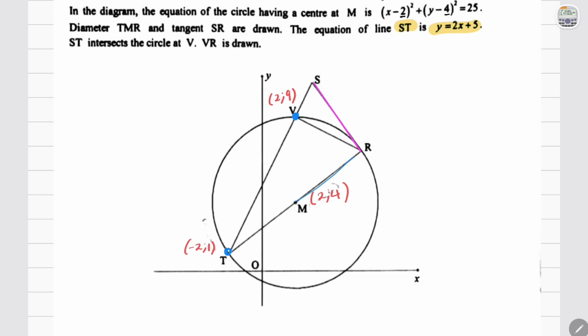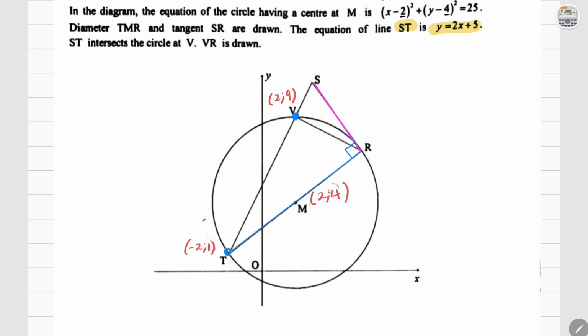If this is our radius MR, it means that this is perpendicular to this. So you can really just say TR is perpendicular to SR. Because of the properties of perpendicular lines, you know that the gradient of SR multiplied by the gradient of the line TR is going to give you negative 1.